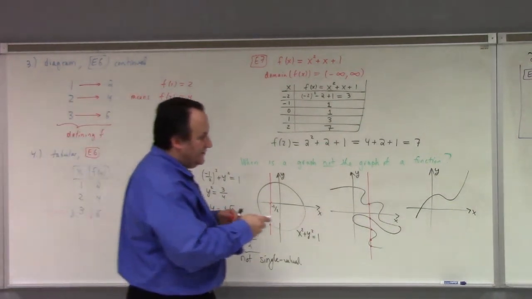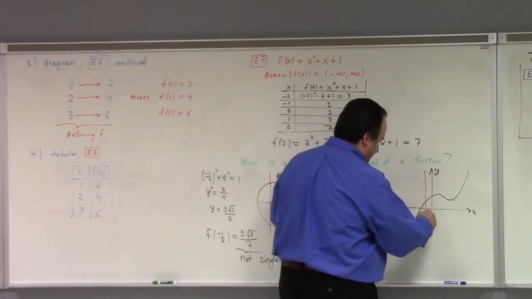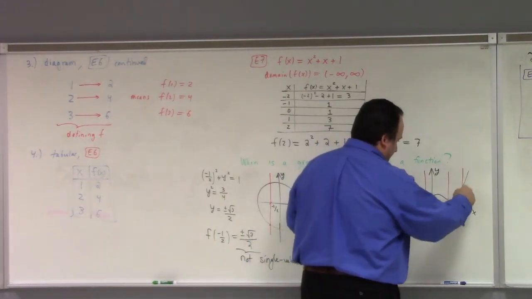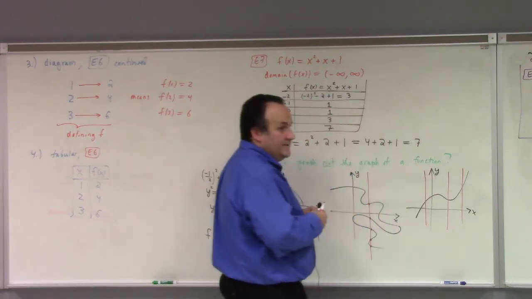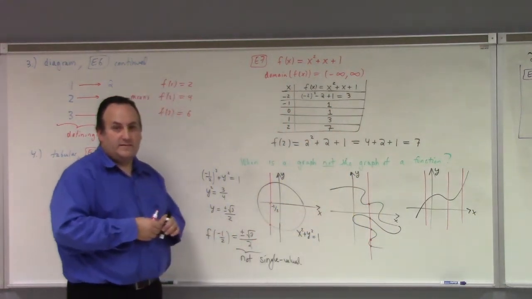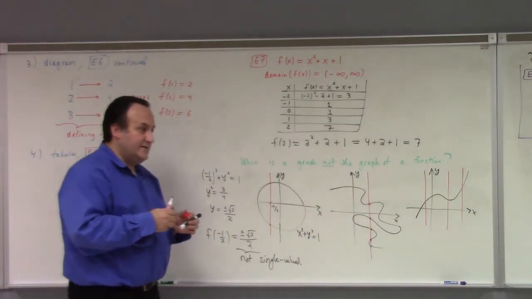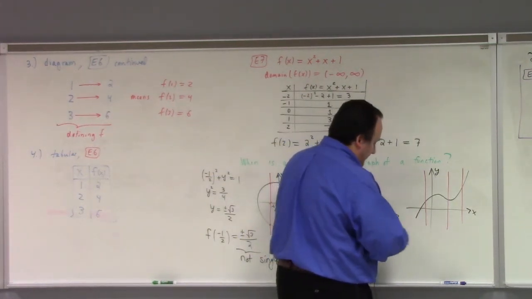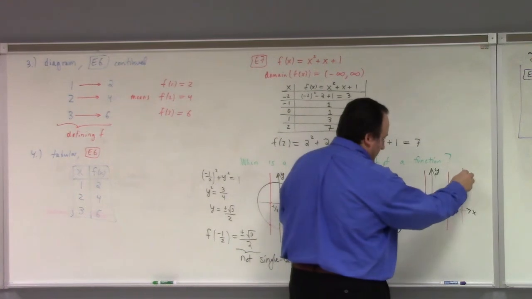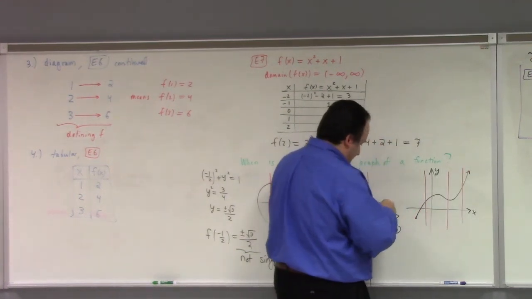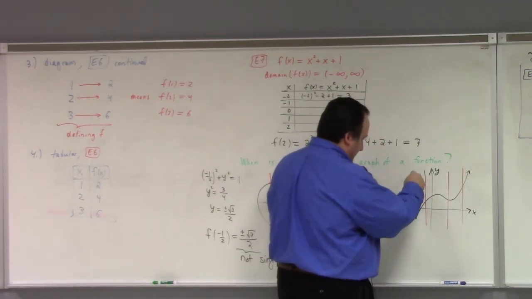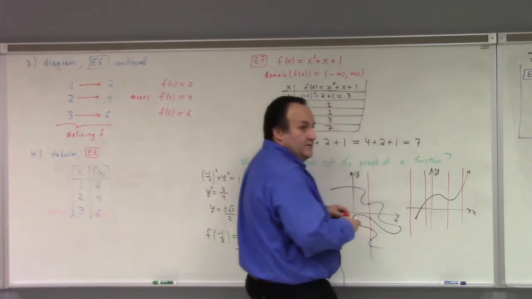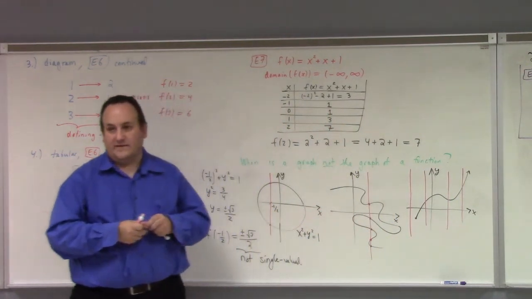In contrast, over here, we're good. There does not exist a vertical line that hits the graph in more than one point. It's okay for the vertical line to not hit the graph in any point, right? Like if the function stops right here, maybe it keeps going that way, but if it stops right here, it's possible to have a vertical line like this which doesn't hit the graph in any point. That's fine.